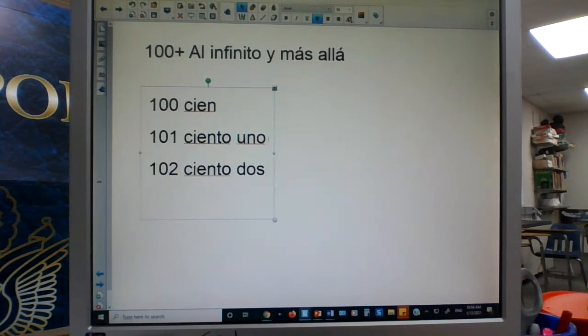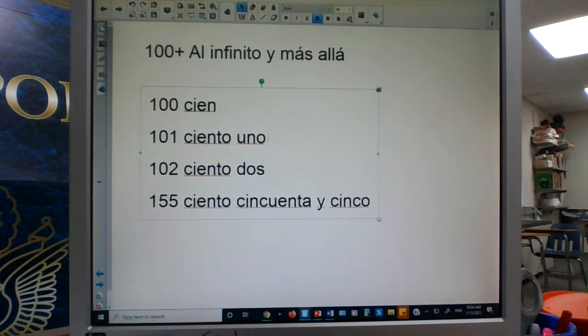And so, fast forward, let's see, what about 155, okay? 155 would be ciento, of course, because we say 100, 50, cincuenta y cinco.